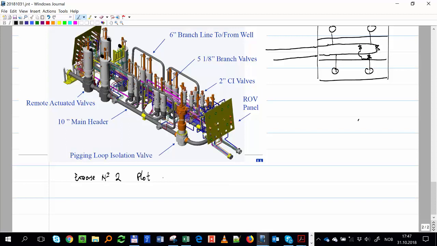You have to plot QG, which is local. Remember, it doesn't have the bar on top, so it's local gas rate, versus pressure. If you remember in class, we said it's going to look something like this with pressure.